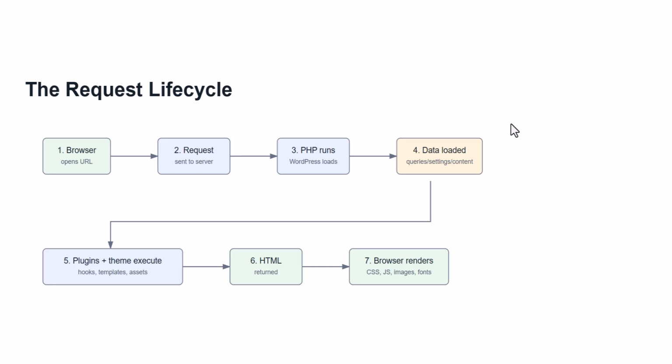After that, the browser downloads assets like CSS, JavaScript, images, and fonts, and finally renders the page. This is the first important idea. WordPress performance includes both server-side generation and browser-side rendering. These are connected, but they are not the same problem.